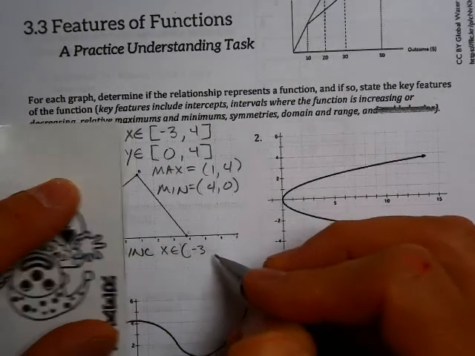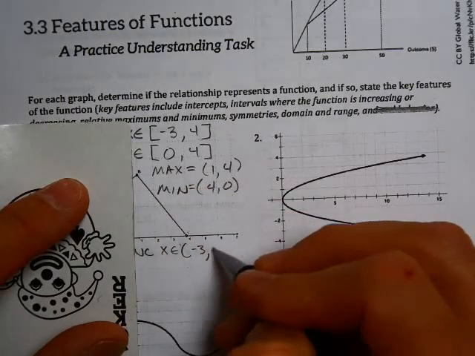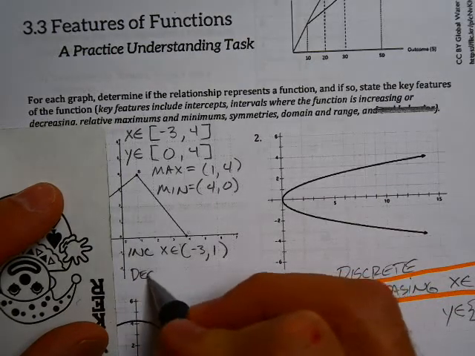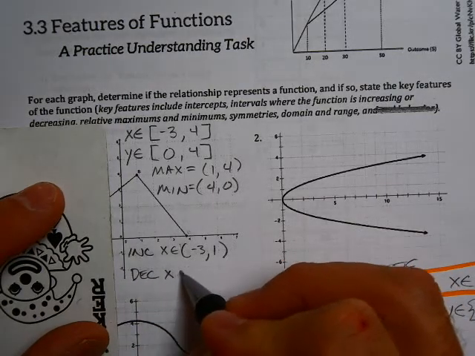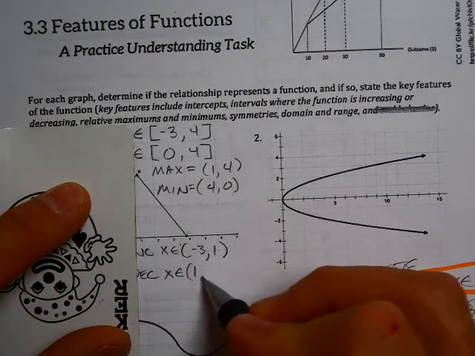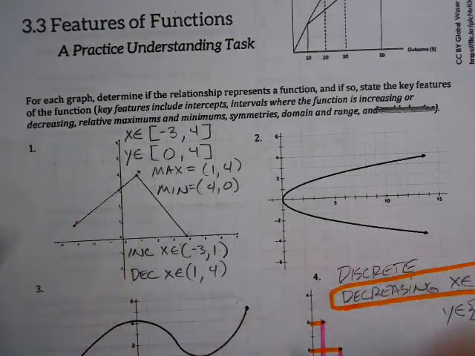When does it quit increasing? At 1. Yeah, at 1. The x value is 1. And then it decreases. X is an element of (-3, 1), (1, 2), (4). There we go.